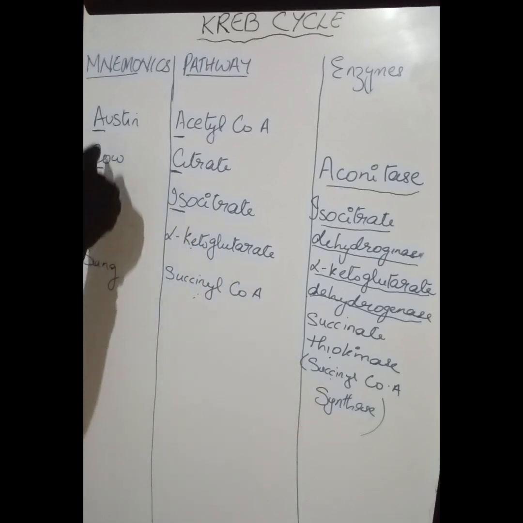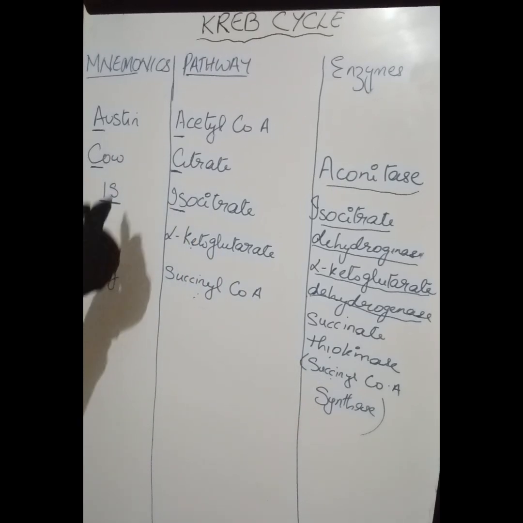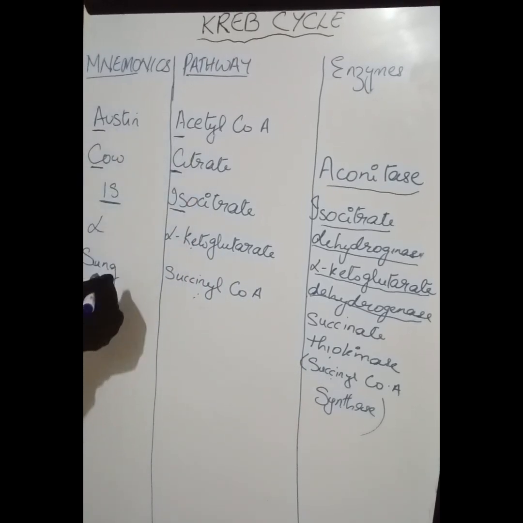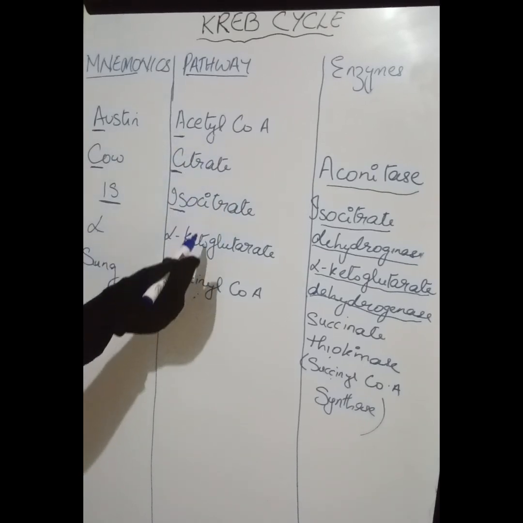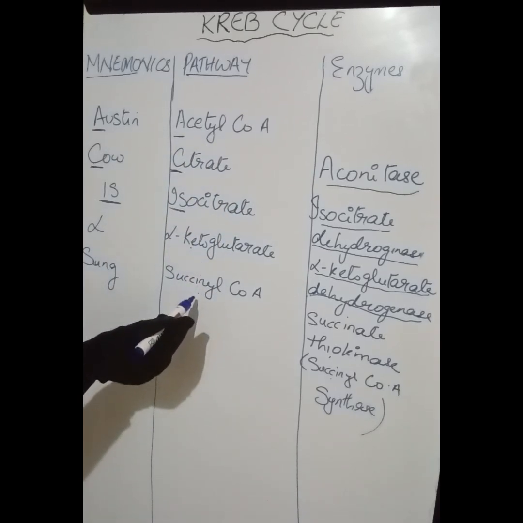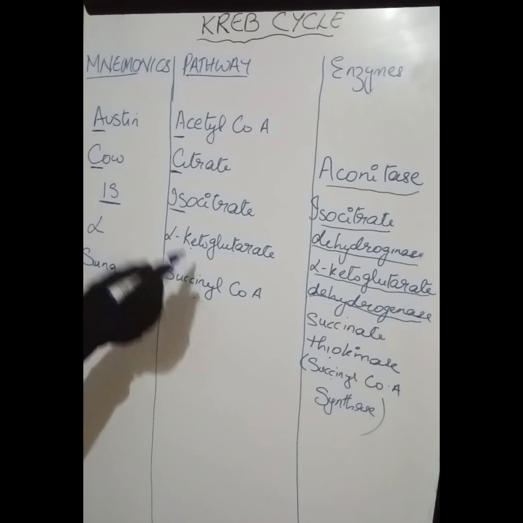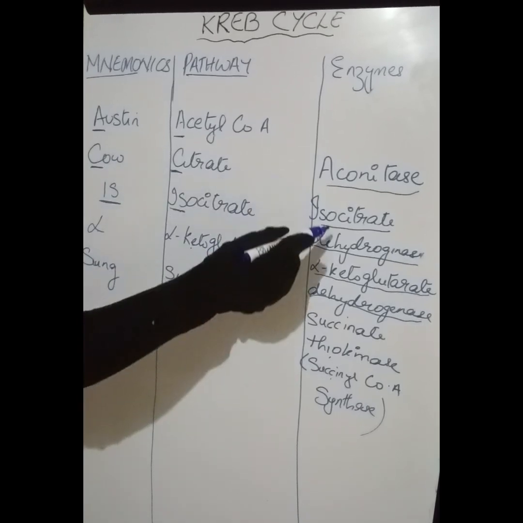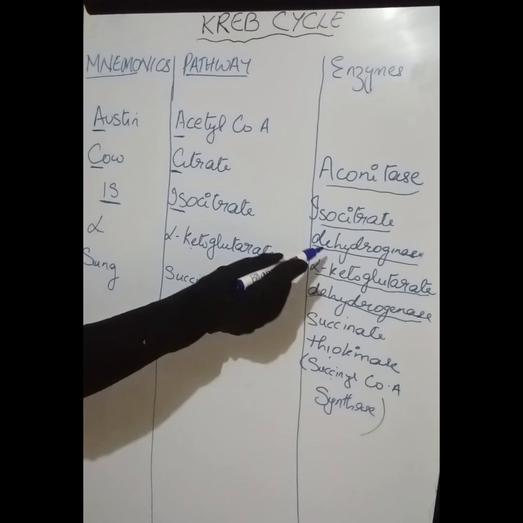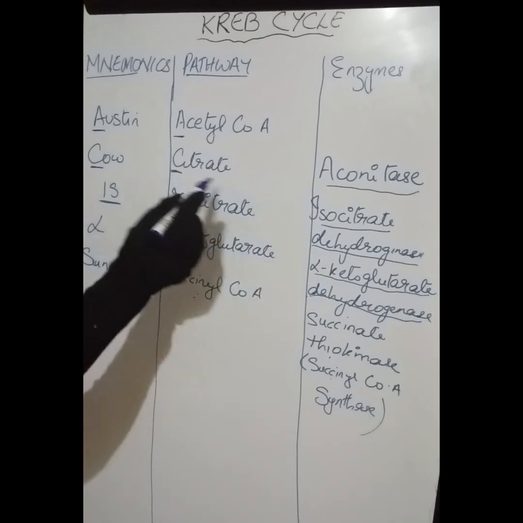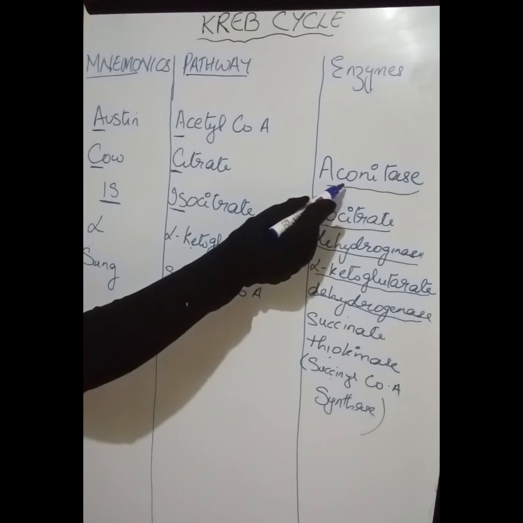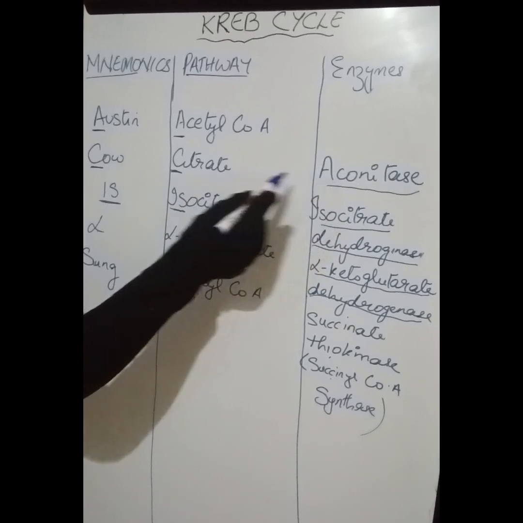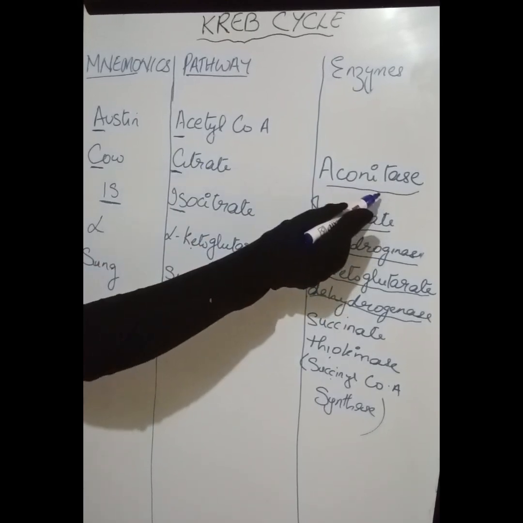So Austin cow is alpha sunk. If you remember these first five, you're going to remember acetyl-CoA, citrate, isocitrate, alpha-ketoglutarate, succinyl-CoA. From here it's very easy to remember the corresponding enzyme required. Citrate requires aconitase. Only citrate has a different kind of enzyme, but it is aconitase.